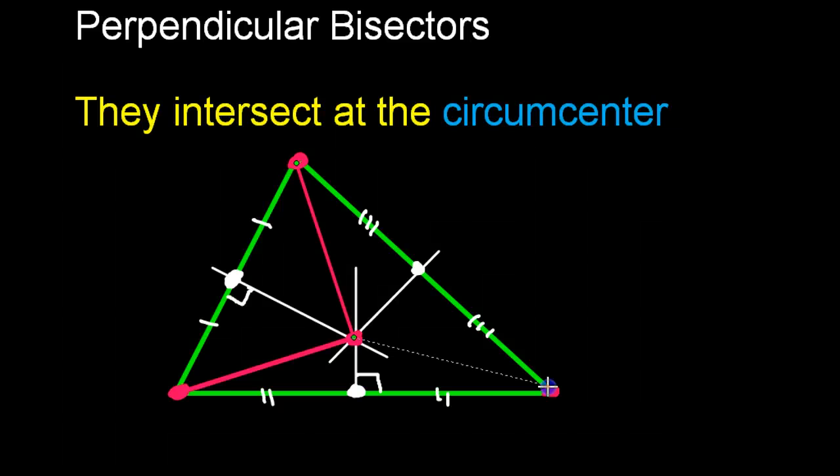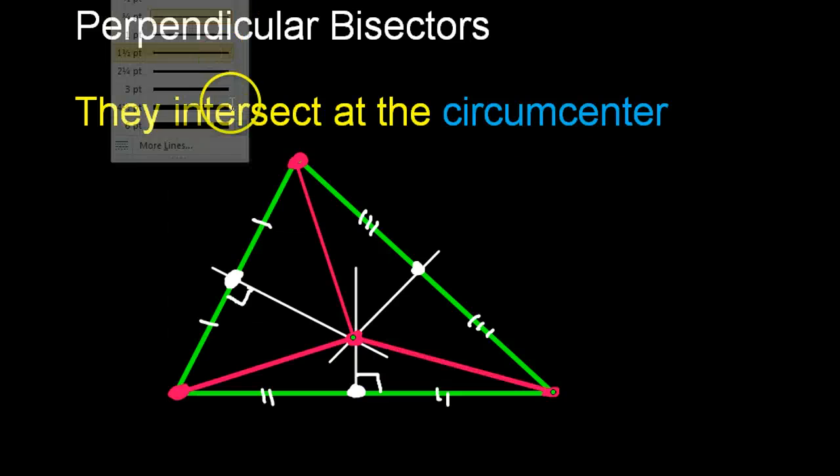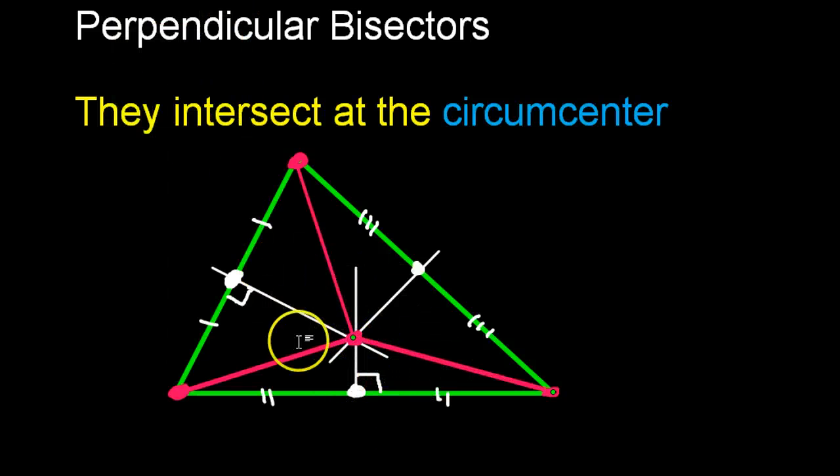If this is the circumcenter, then the distances to each of the vertices should be the same. These three distances should all be equal. So if this is 10, for example, then it should be 10, 10, 10.